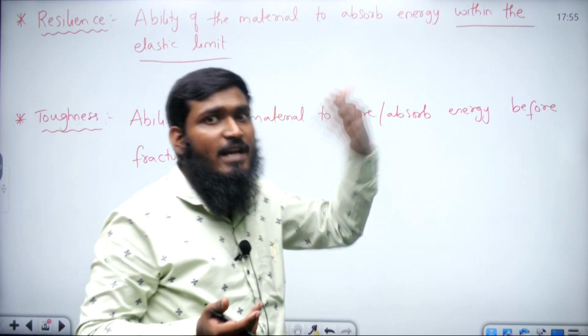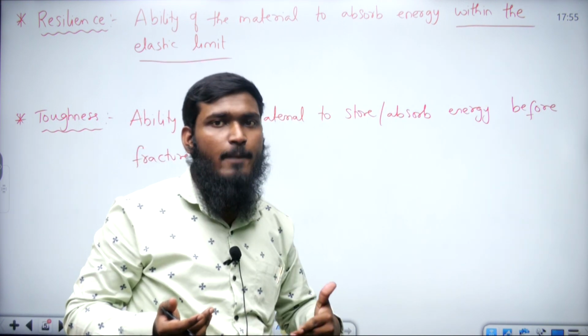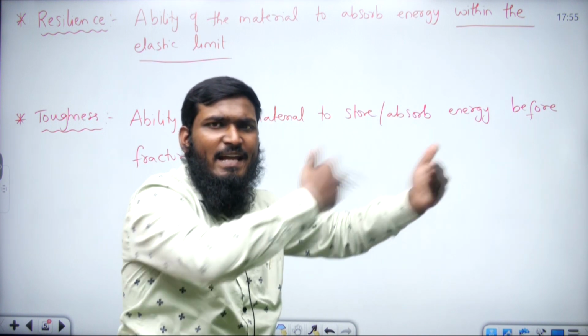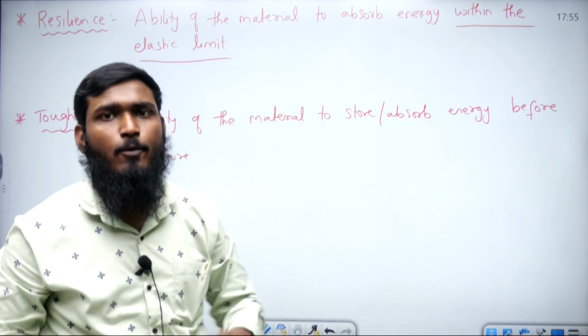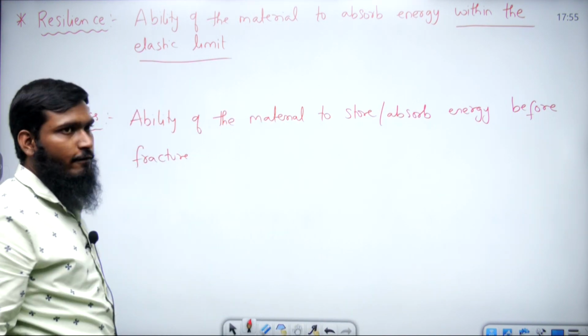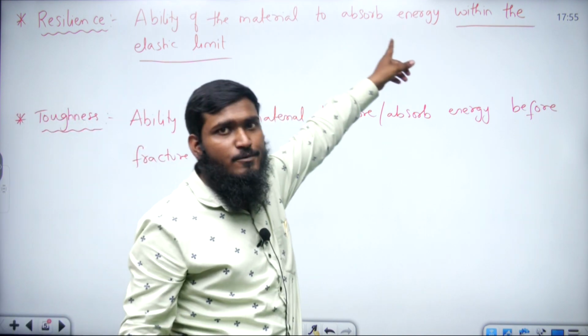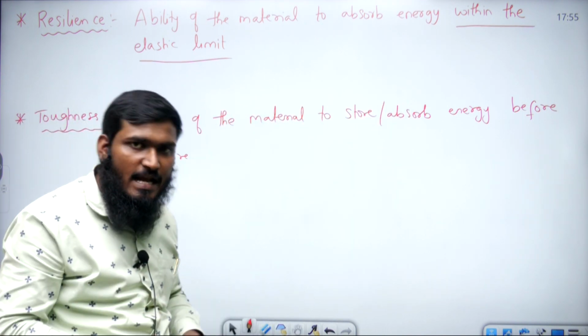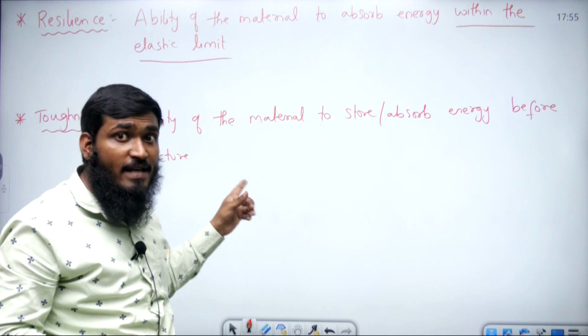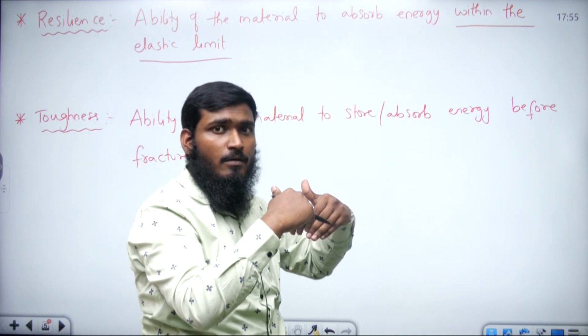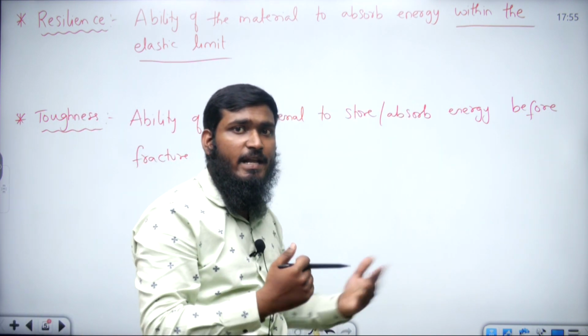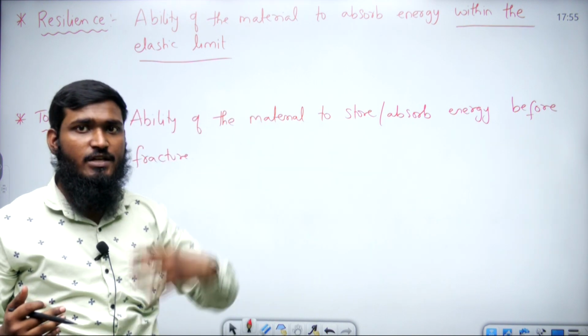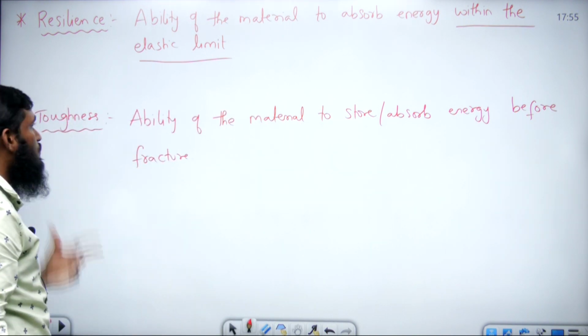Okay, so before that fracture, before that breaking point, the complete energy storage that we have, that property we are calling what? Toughness. So absorption of energy within the elastic limit only is resilience, but before fracture, before failure of the material, all that energy storage, energy absorption is called what?